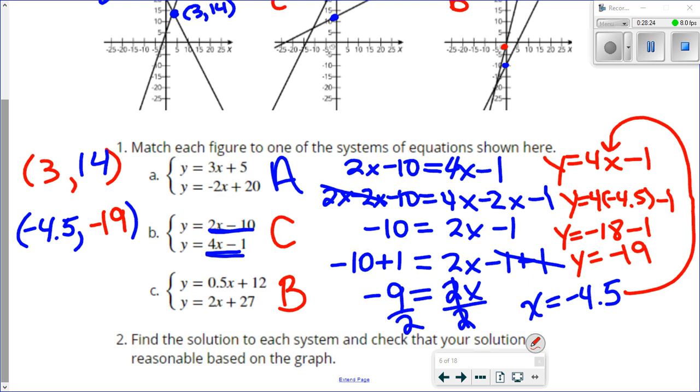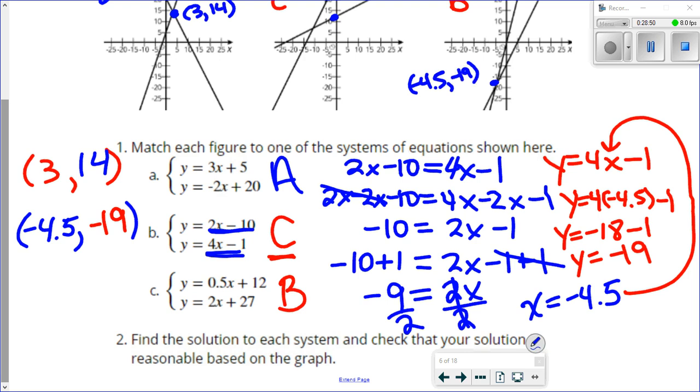So when I go to graph C, that should tell me the point of intersection should be at negative 4.5, negative 19. So again, let's make sure that that matches up with our third graph. If I go left approximately 4.5 and down approximately 19, we are there.